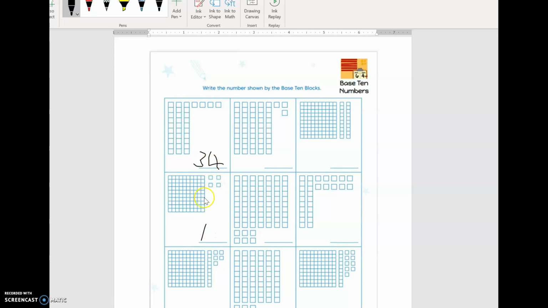And then do you see any tens here? Do you see any longs? I don't see any longs. So in the tens place, I'm going to put a 0. Okay. And then we have how many ones? So we have 100, 101, 102, 103, 104. 104.